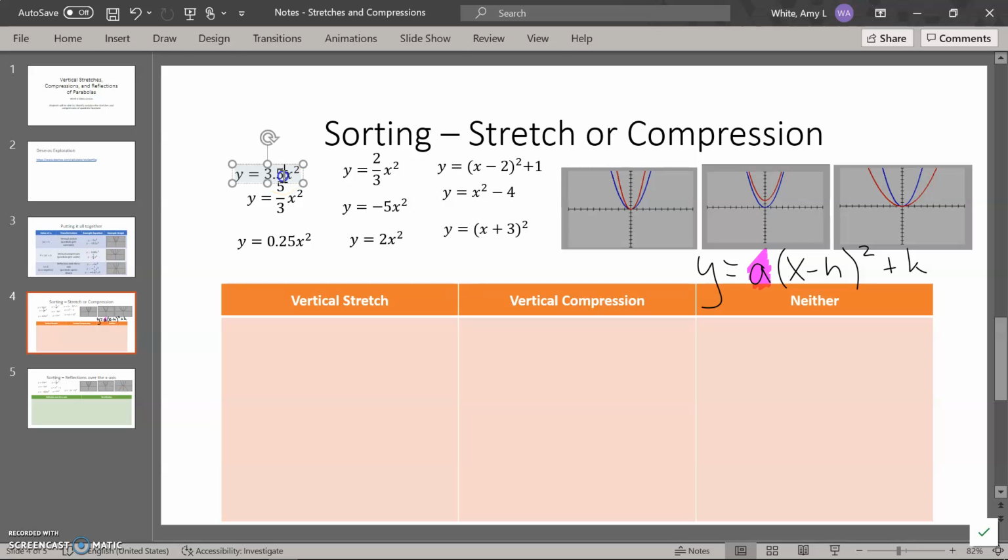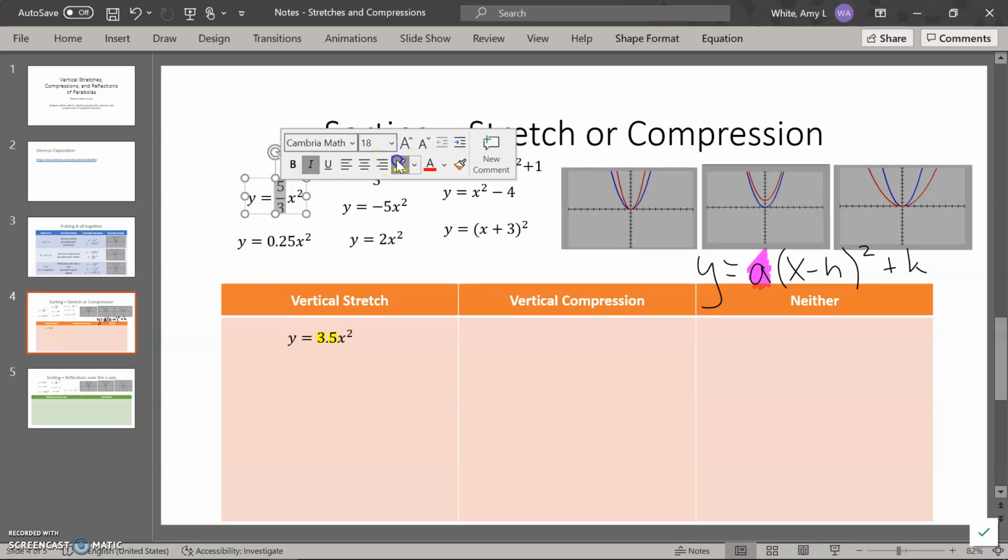So in this case, A is 3.5. 3.5 is more than 1, so it is a stretch. In this one, A is 5/3, and 5/3 is more than 1, right? If I use my calculator, that would tell me that 5/3 is approximately 1.6 or 1.7.